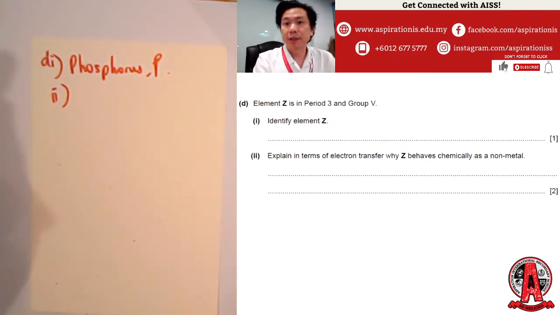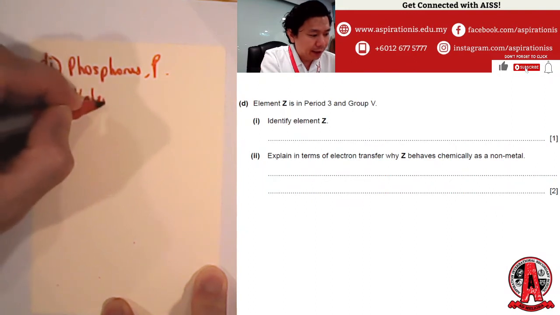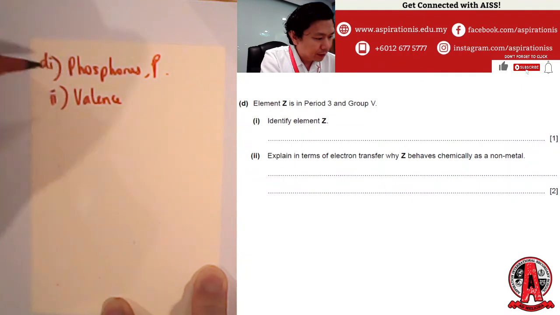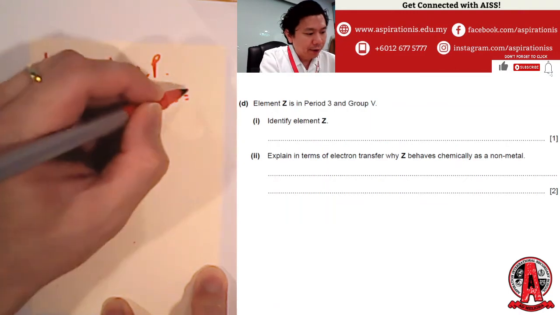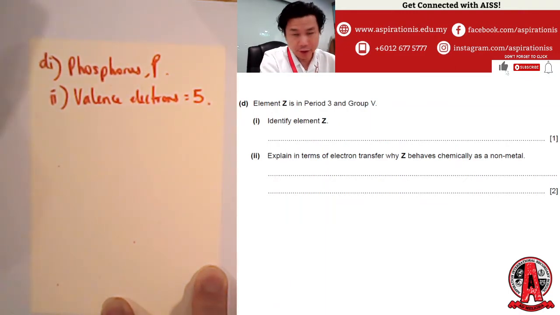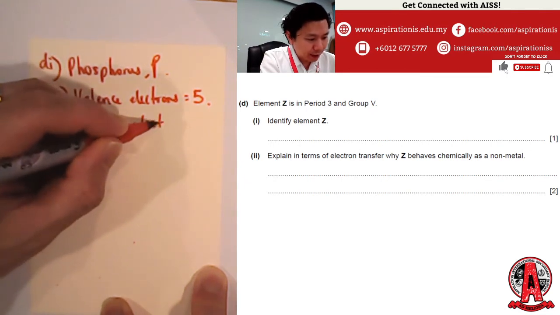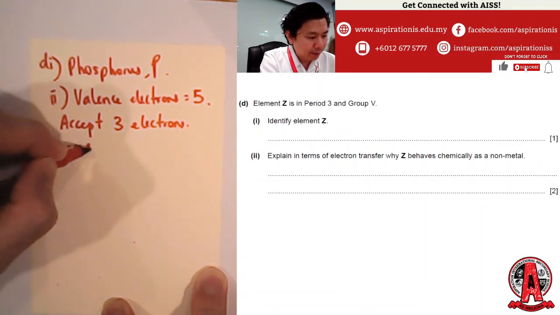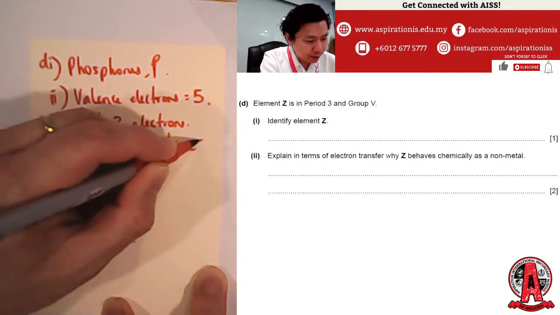Explain in terms of electron transfer why Z behaves as a non-metal. Alright, now it has valence electrons. It has 5 valence electrons. So it will accept 3 electrons. So you know that non-metals accept electrons.